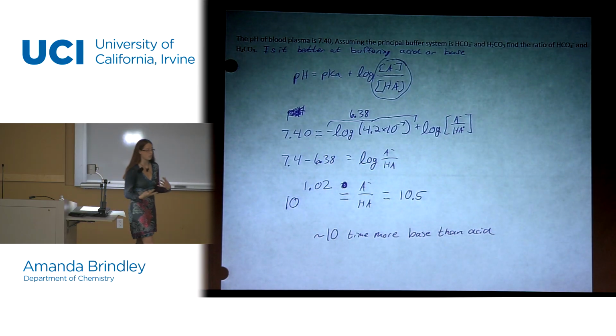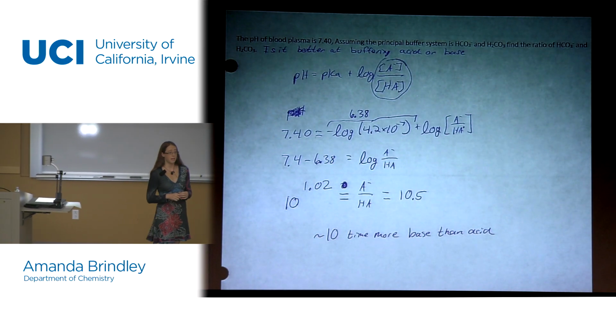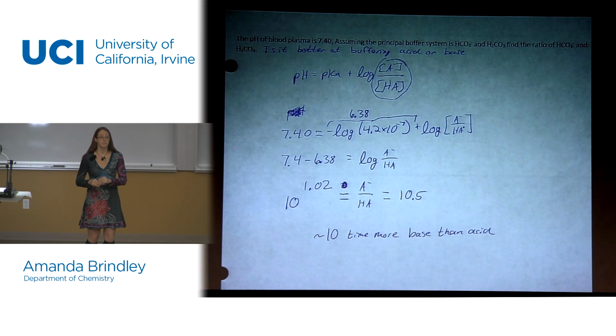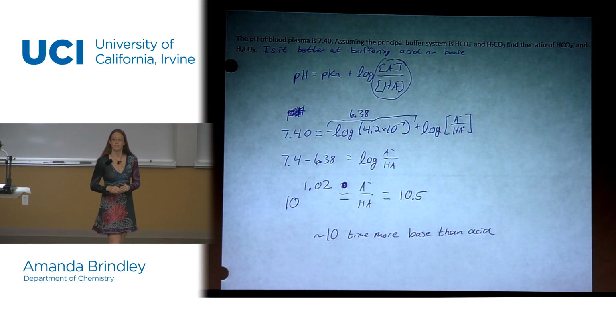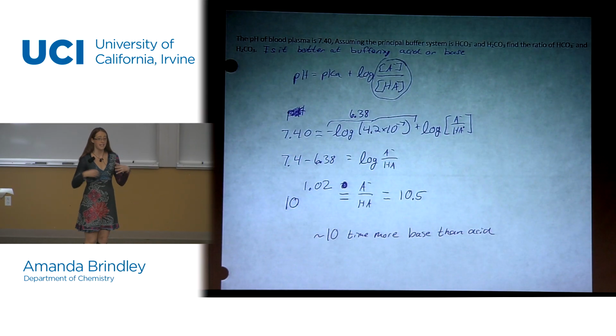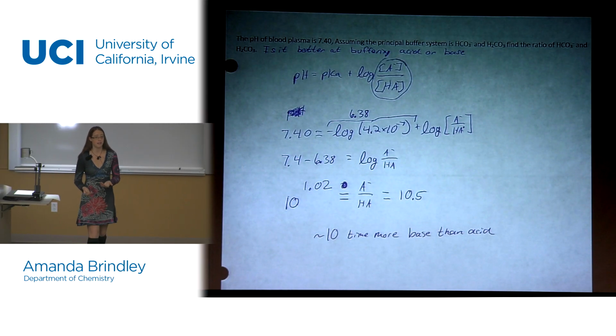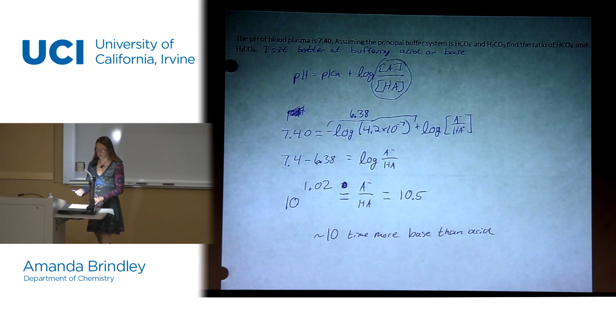So I have lots of extra base around. Does that mean it's going to be better at buffering an acid or better at buffering a base? What do bases react with? Acids. So if I have lots and lots of base, what is it going to react with? Acids. So what is it better at buffering? Acids.